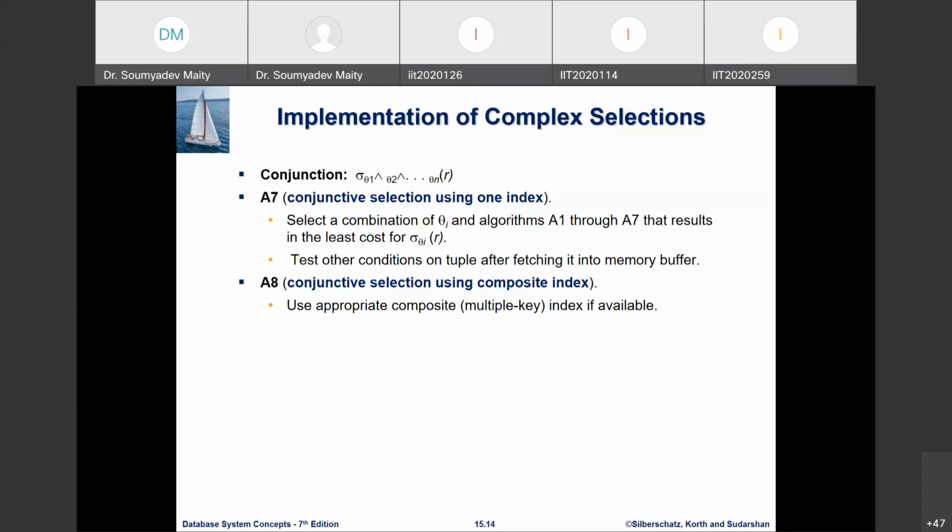As I have said, for each i equal to 1 to n, you can apply the formulas that have been deduced for the A1 to A6 algorithms and then check for which i you are getting the optimal cost.